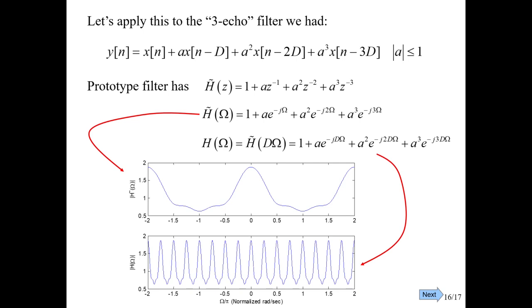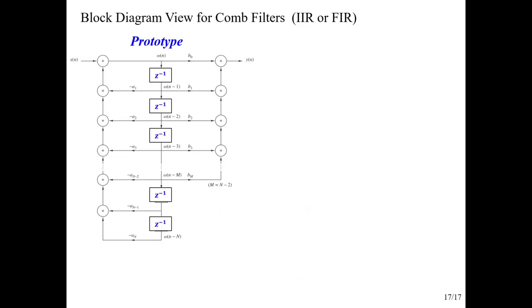Okay, so that's that. And then one final thing, looking at this from a block diagram point of view. We saw how we comify in the context of the impulse response, and we saw how we comify in the context of the transfer function, and we saw how we comify in the context of a frequency response. One last thing, how do we comify in the context of a block diagram?